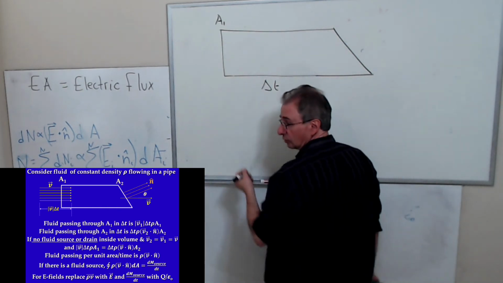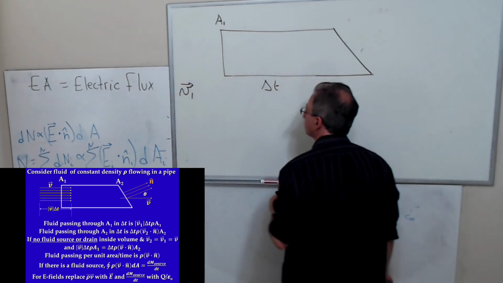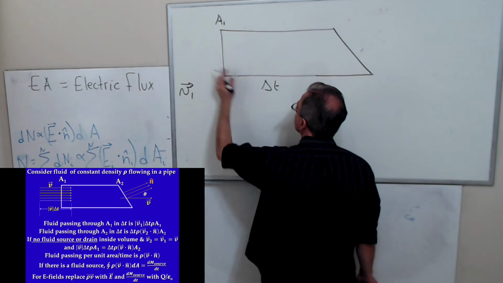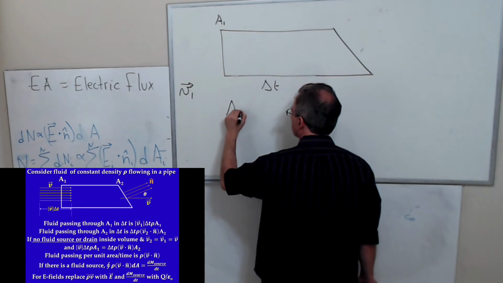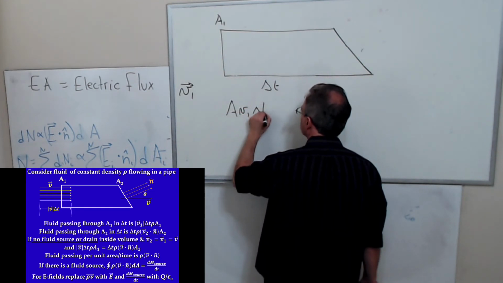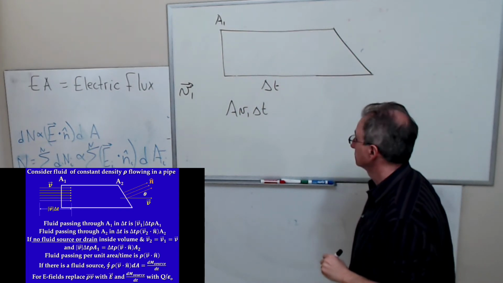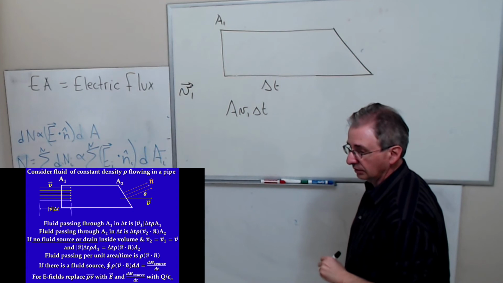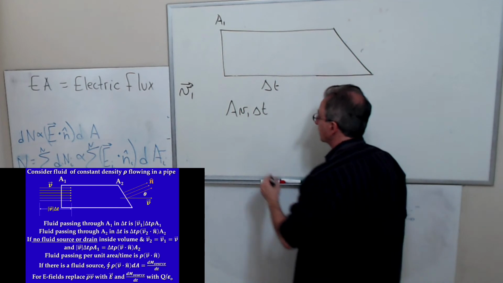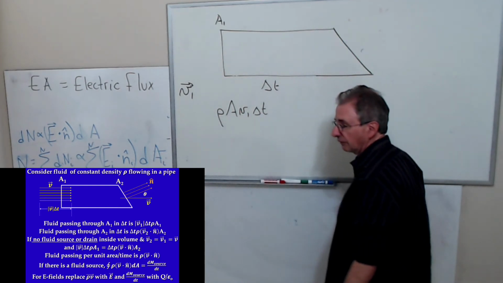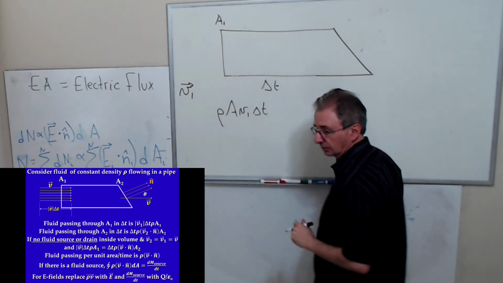Well, if the fluid's moving on this side with some velocity v1, the volume of fluid that goes through here in a time delta t is going to be A times v1 times delta t. Okay. And if I multiply by the density, that's going to give you the mass of fluid that goes through the left side in this time period.